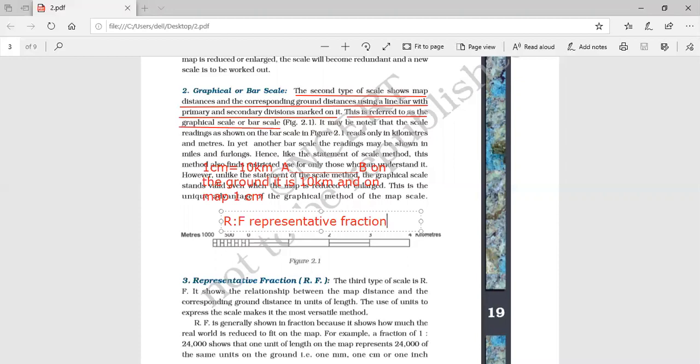So in this type of scale, on the left hand side and right hand side, both the sides, the units should be the same. It means if on the left hand side we have the unit in centimeter, then the right hand side should also be centimeter. For example, the way we have written above, 1 centimeter is equal to 10 kilometer.